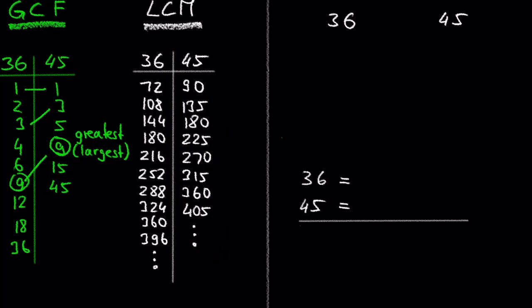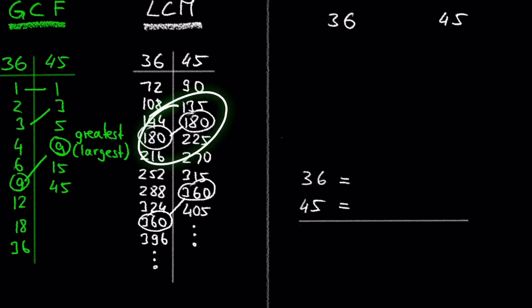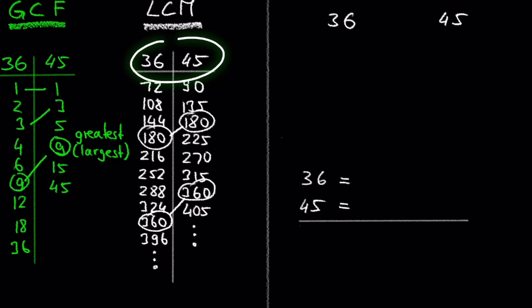Which of these multiples are common multiples of these numbers? 180 and 360. And which one is the smallest, or the least one of these common multiples? It's the 180. So 180 is the least common multiple of 36 and 45.